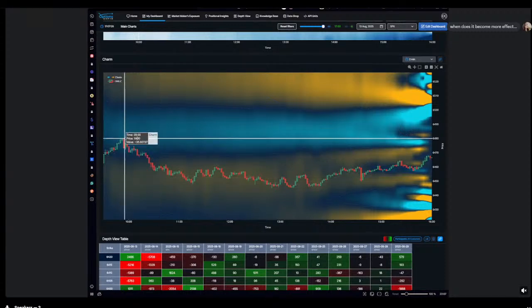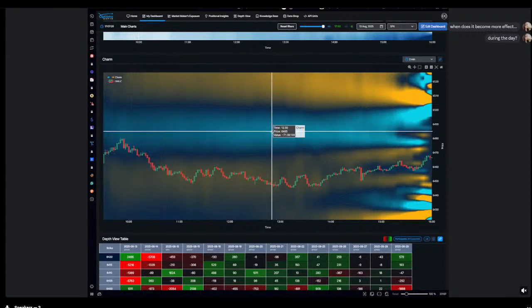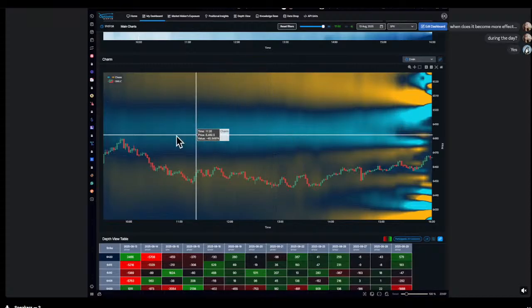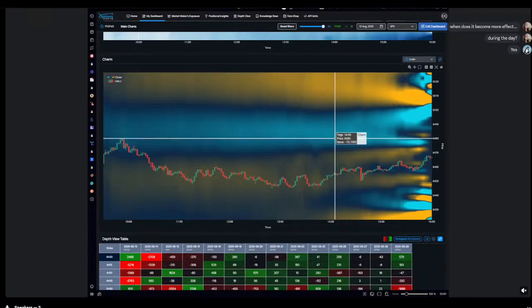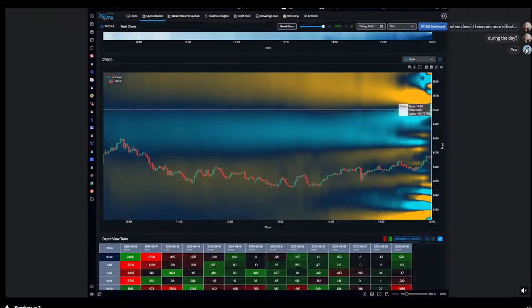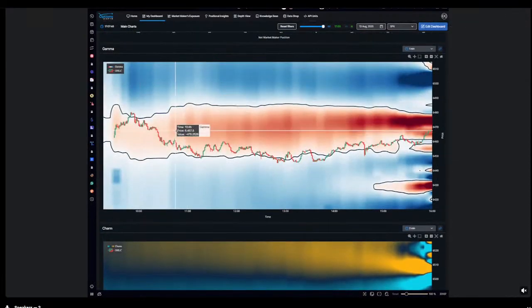we flipped from being in supportive charm. Had we held above that 6475 to 80 test zone, we probably would have just slow ground up all afternoon into this 6,500 strike, because gamma would have helped drag us up there, right?